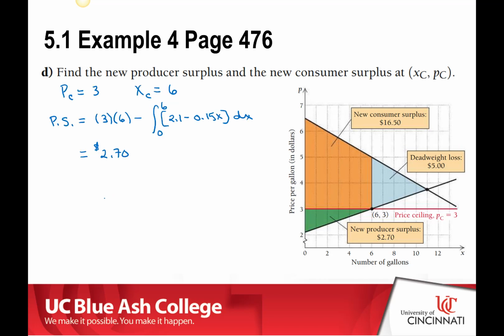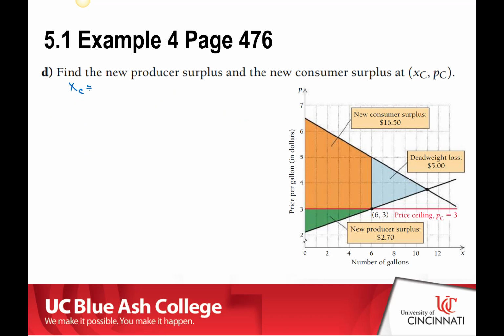When we compute the consumer surplus, once again, we're going to continue using this ceiling quantity of 6 and a ceiling price of 3.